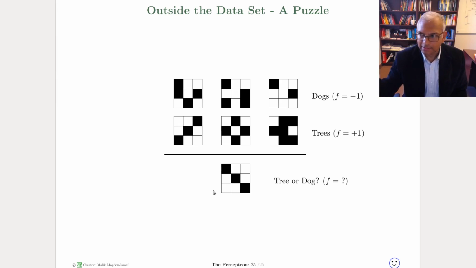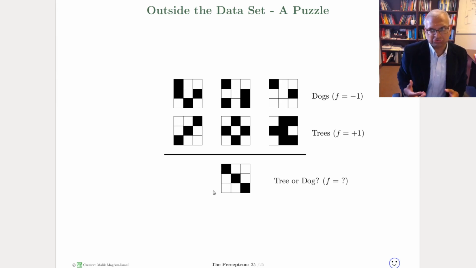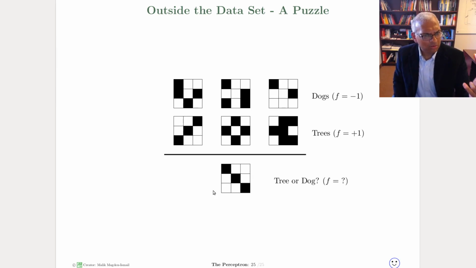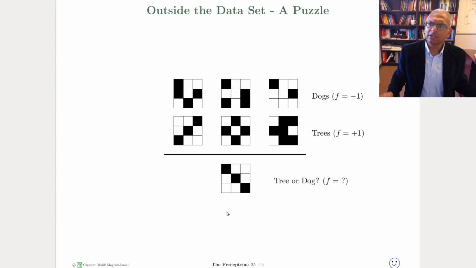Our gold standard is the human. So we're trying to get machines to learn and be able to do things that humans who learn can do. And if the world's supreme learner cannot agree about what this test point is, then how can we hope to build a machine learning algorithm that does so? That is the puzzle.